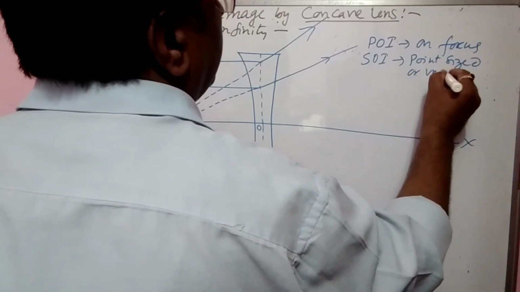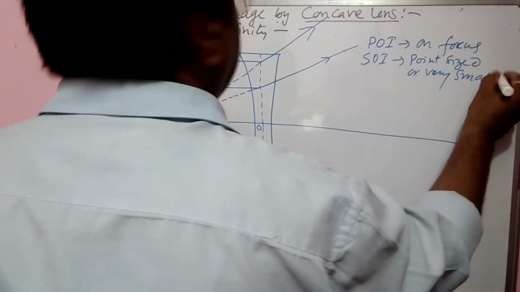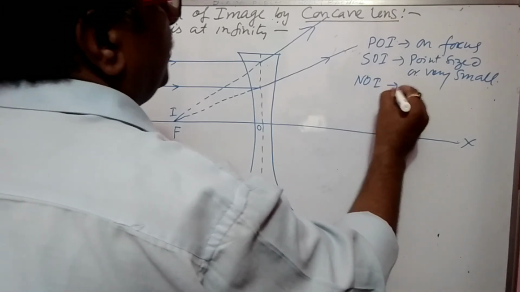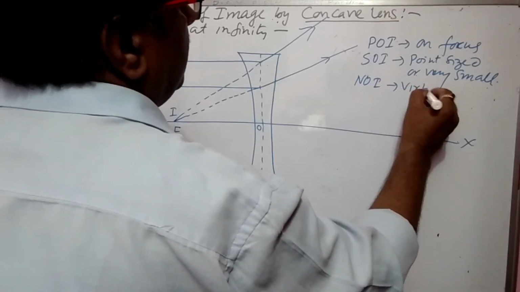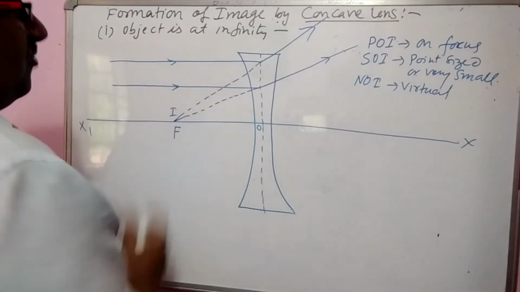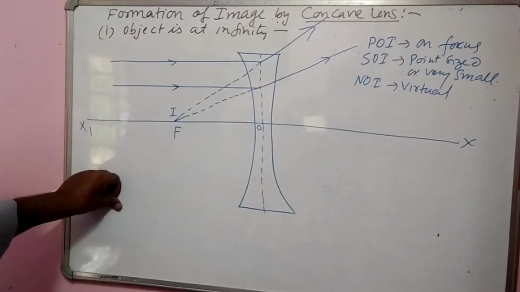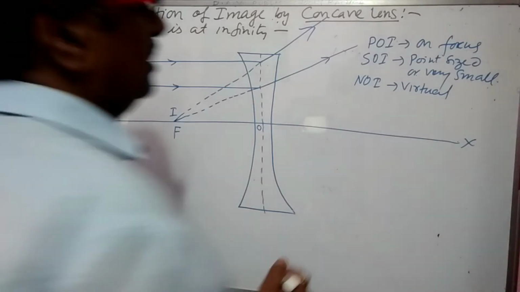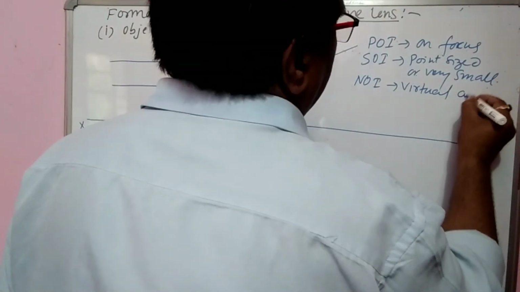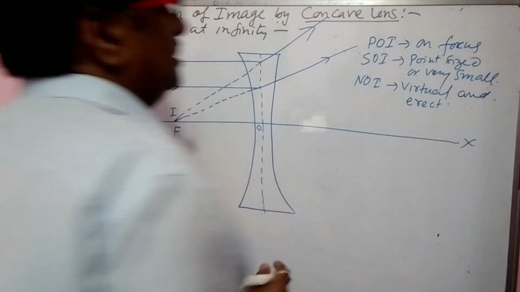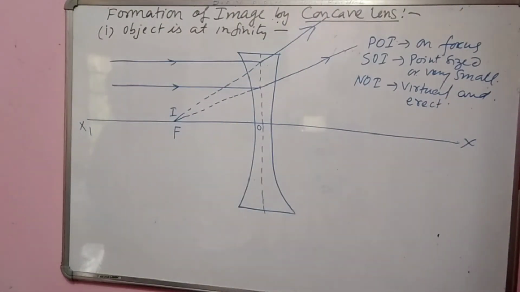Nature of image will be virtual, as it is formed due to the virtual intersection of the 2 refracted light rays. So virtual and erect. Real is inverted and virtual is always erect.